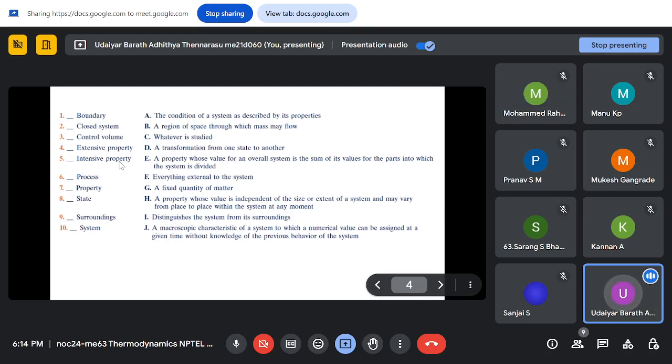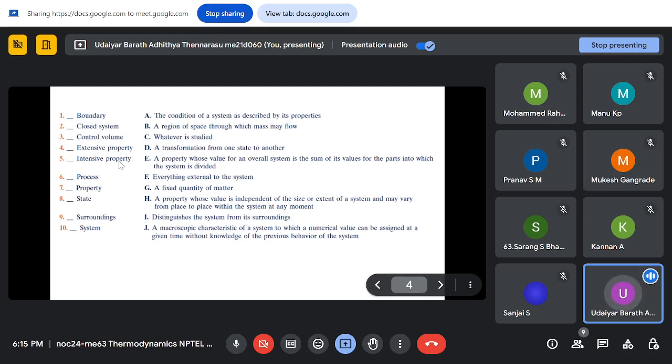Fifth is intensive property. Intensive property is independent of mass, or independent of size or extent. So H, the property whose value is independent of the size or extent of a system and may vary from place to place within the system at any moment. What does this mean? It basically says that its value is independent of the size, but it may vary in the system.